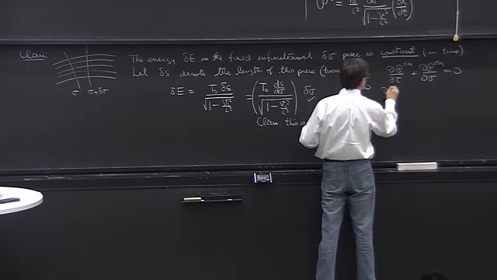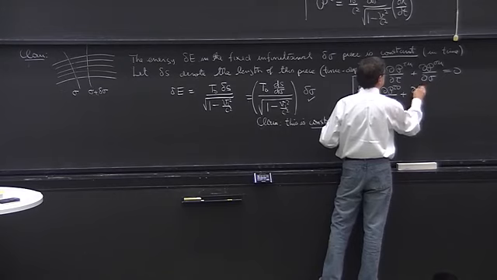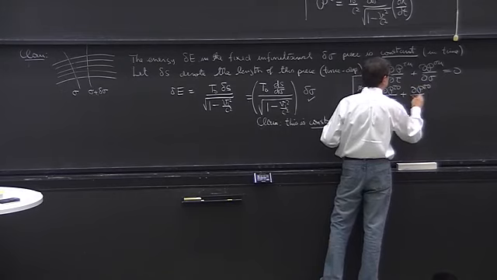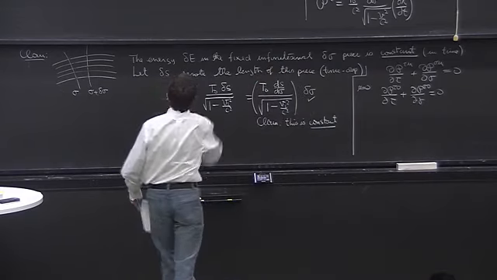You have dp tau 0 d tau plus dp sigma 0 d sigma must be 0. But p sigma 0, look at it.